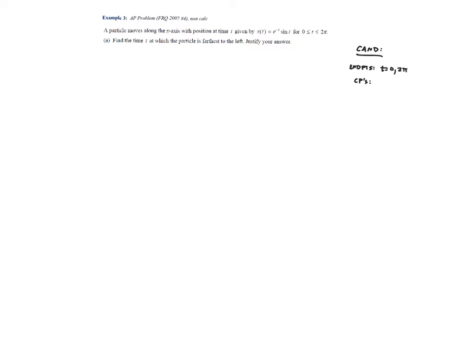So a particle moves along the x-axis with position at time t given by the following. So x of t gives us the position of the particle along the x-axis at time t.